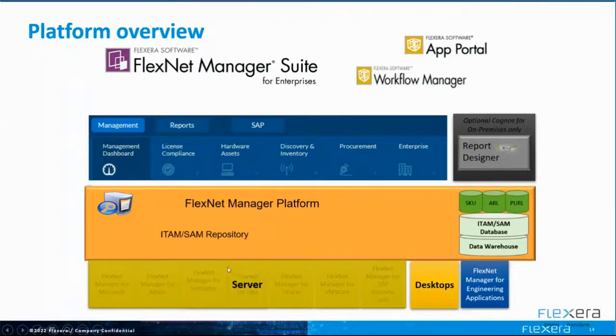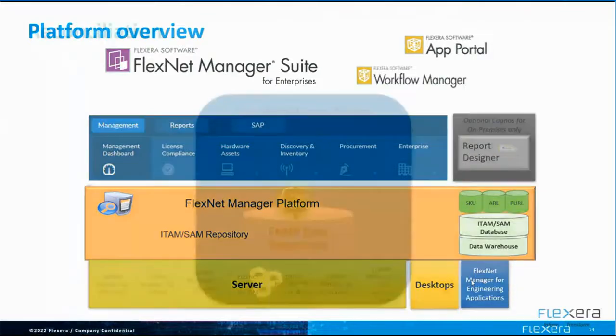So there is a big PURL, which is a server PURL, including the management for Microsoft. Actually, Adobe should not be here. It should be in the desktops, IBM, Oracle, VMware. And you have the desktop PURL, which is containing the data typically for Adobe, Microsoft Desktop, and any desktop applications.